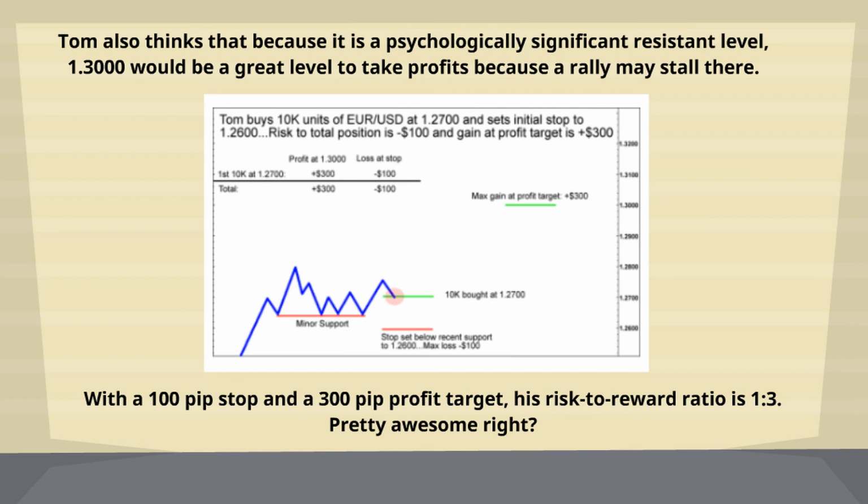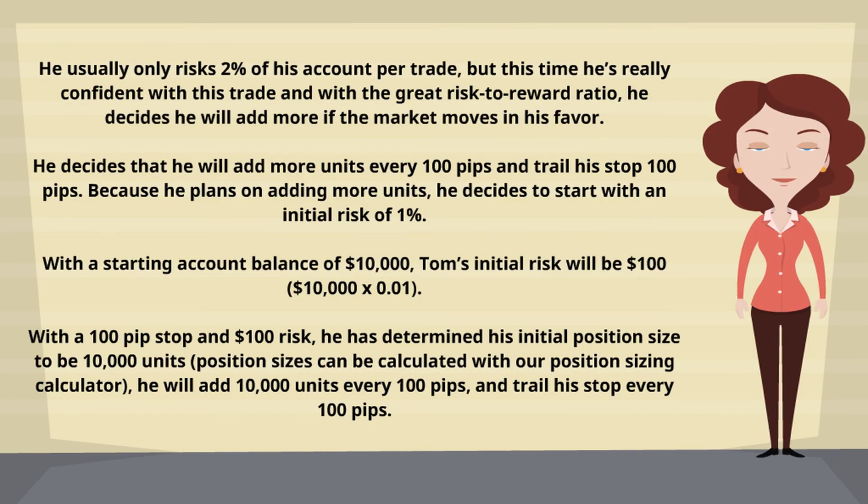Pretty awesome, right? He usually only risks 2% of his account per trade, but this time he's really confident with this trade, and with the great risk-to-reward ratio, he decides he will add more if the market moves in his favor. He decides that he will add more units every 100 pips and trail his stop 100 pips. Because he plans on adding more units, he decides to start with an initial risk of 1%.